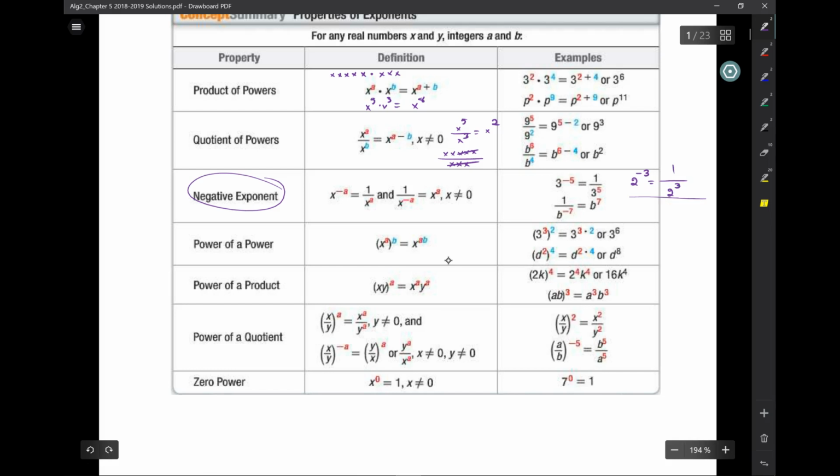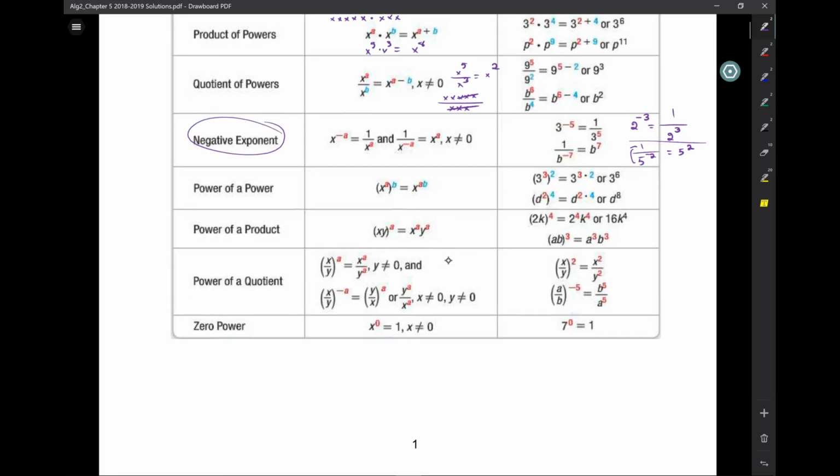Now, if you have 1 over 5 to the negative 2, same way, you move it up. So it'll be 5 to the power of 2. You can either move up or down, and that's how you get rid of the negative part of the exponent. So if it's on the bottom, you move it up. If it's on the top, you move it down.